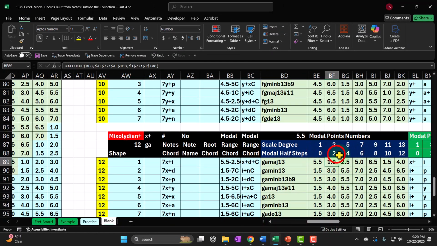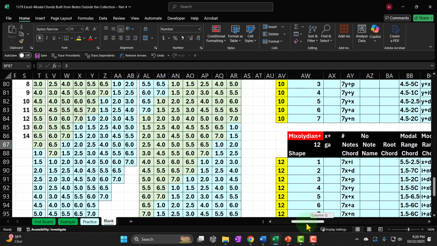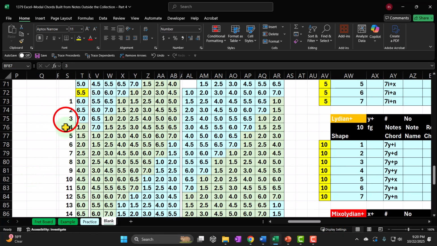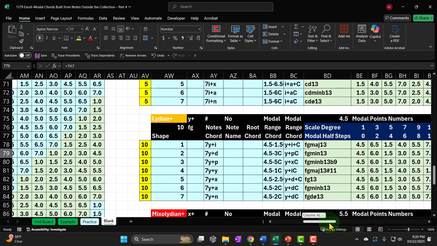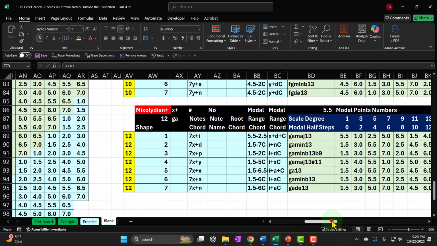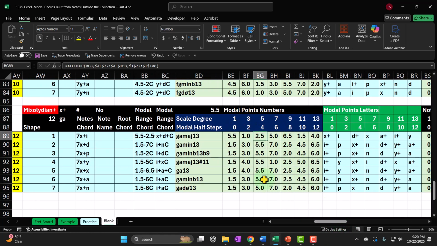So that's going to be a 1. So the second modal half step, third scale degree is a 1. That makes sense. And then if I go 7 up, then that should be the fifth, should be a 2.5, and the fourth modal half step, fifth scale degree is a 2.5. So I think that's correct.